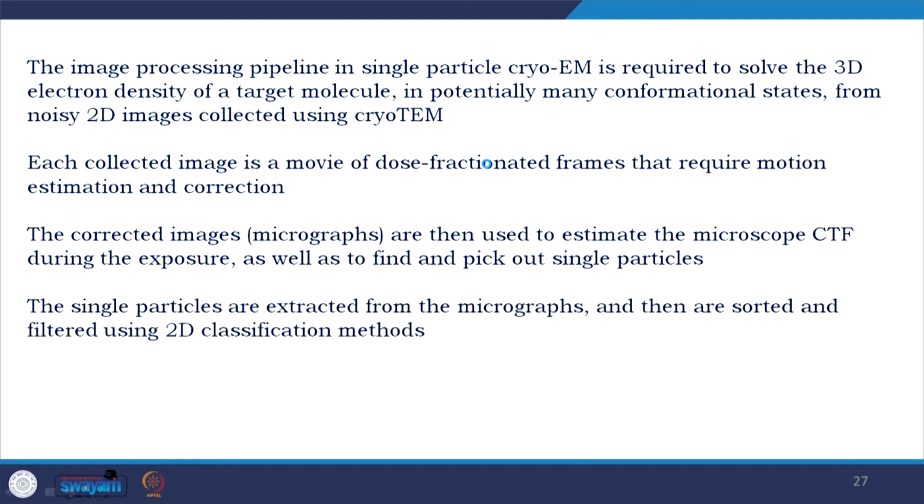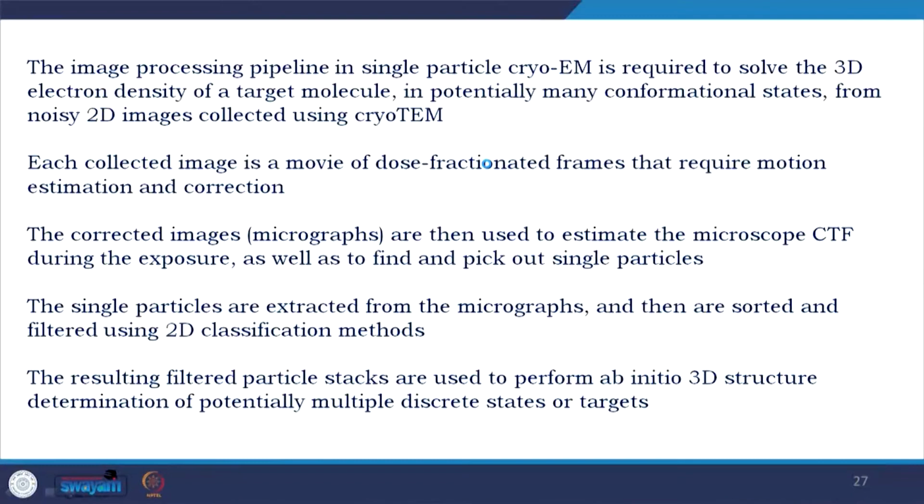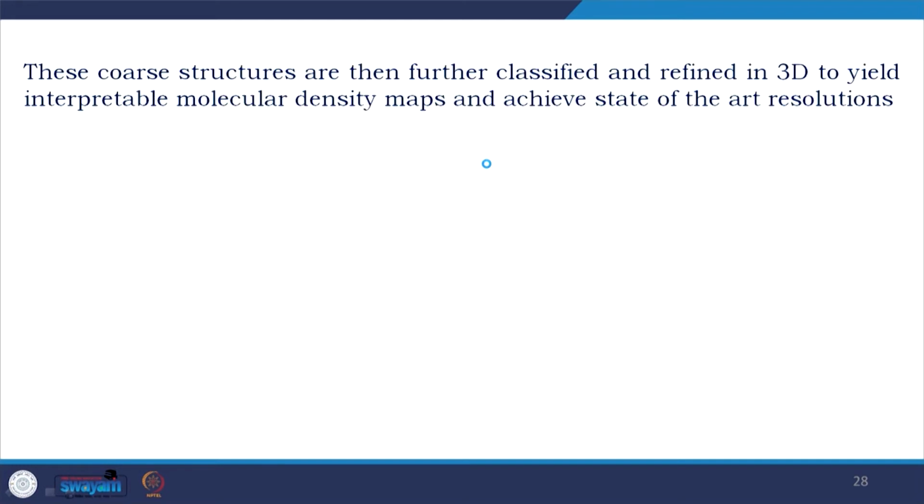The single particles are extracted from the micrographs and then are sorted and filtered using the 2D classification method. So, you have to look at the different particles in different orientations and then separate or classify them. The resulting filtered particle stacks are used to perform ab initio 3D structure determination of potentially multiple discrete states or targets. These core structures are then further classified and refined in 3D to yield interpretable molecular density maps and achieve state of the art resolution.